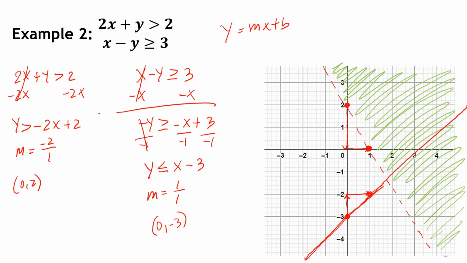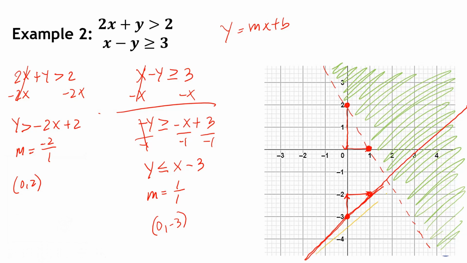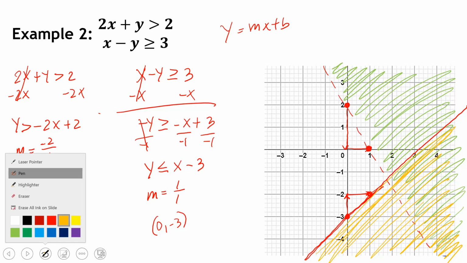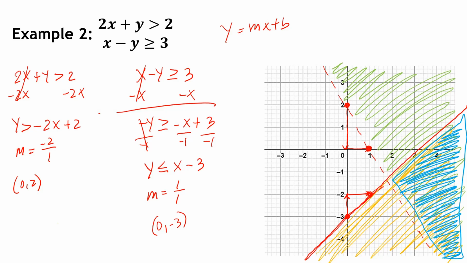And for the shading part, we have a less than or equal to symbol here, so I will shade the lower region of the line. There you go. The overlapping region is the solution, and you just need to emphasize that.